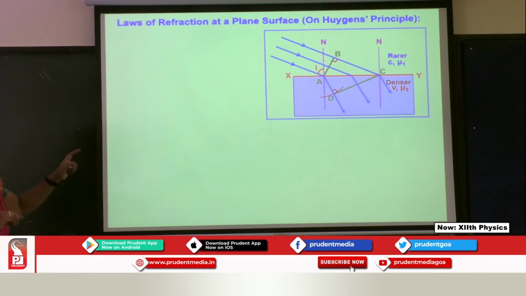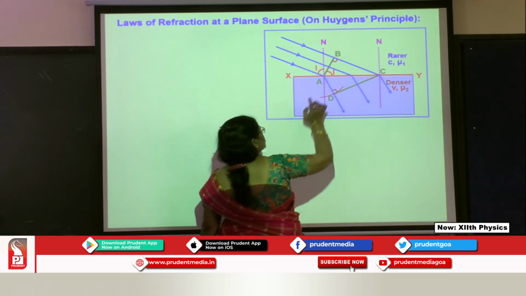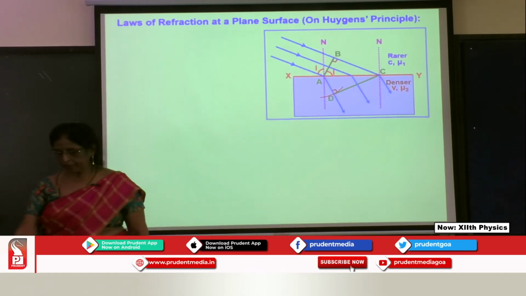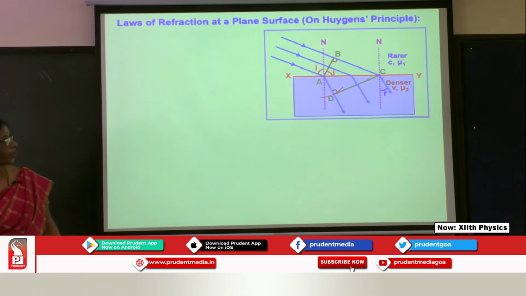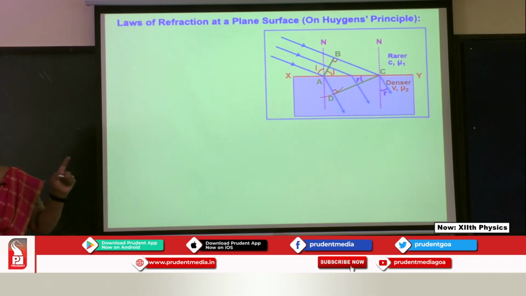In the same way over here, when you draw a normal, angle BAC is also equal to angle I. So now when you consider over here, this is the refracted wavefront in the second medium. Angle R is the angle between the normal and the refracted wavefront, the angle of refraction.